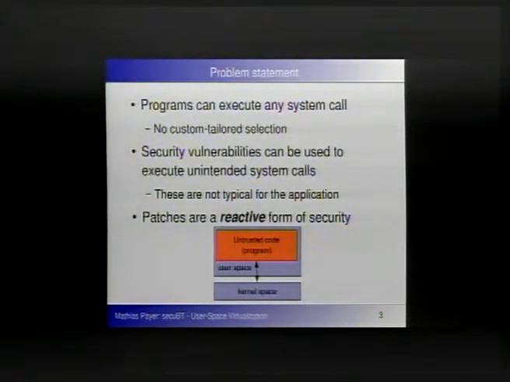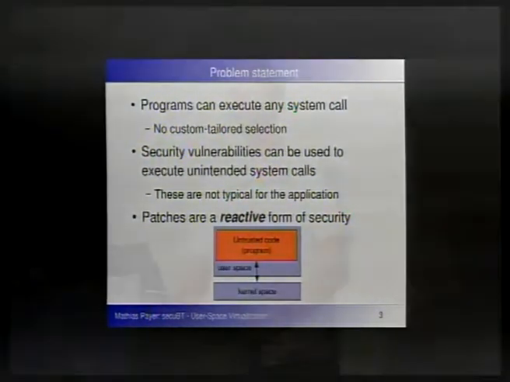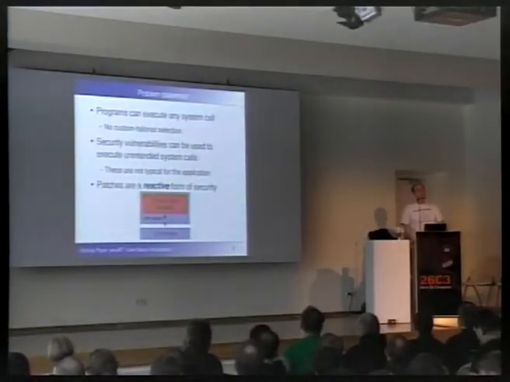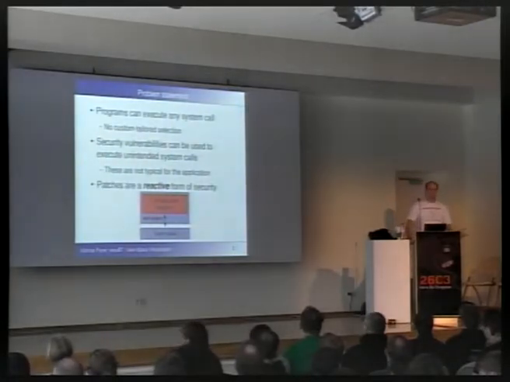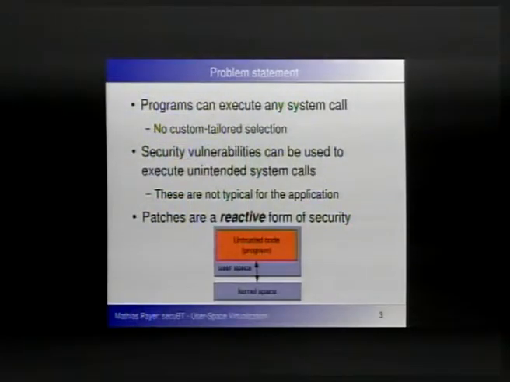But these are all reactive forms of security, where we discover something that is in the wild, we develop a patch, we test that patch, we upload that software on a central repository, people download that software and install the patch and the update. But during that time window, we are open for an attack. So patches are kind of a reactive form of security, and we want to get around that.